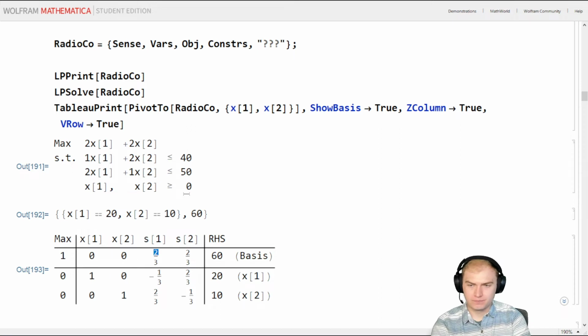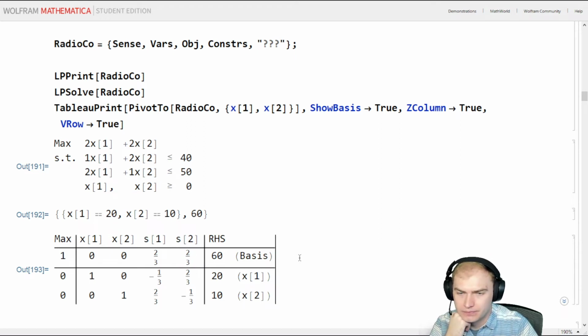radio 1, we increased slack 1, but we decreased slack 2. So slack 2 is going to be our problem. We decreased it by 2/3. Or, well, we halved its value. It was 4/3, now it's 2/3.